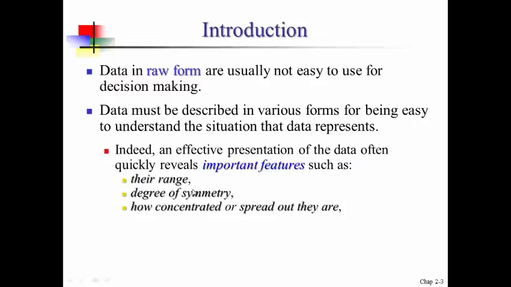The 60 students in this class are the data set, but one student, to the other one, this is one student we call a data item. The other student we call the other data item. That's why how they are, that means how close to each other the students are, how concentrated.